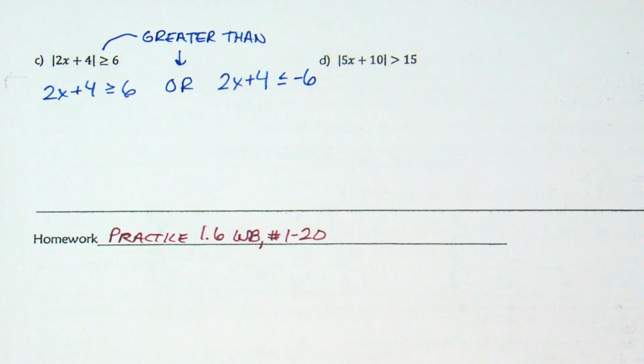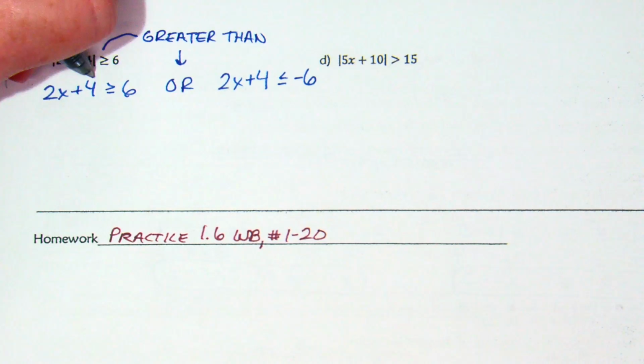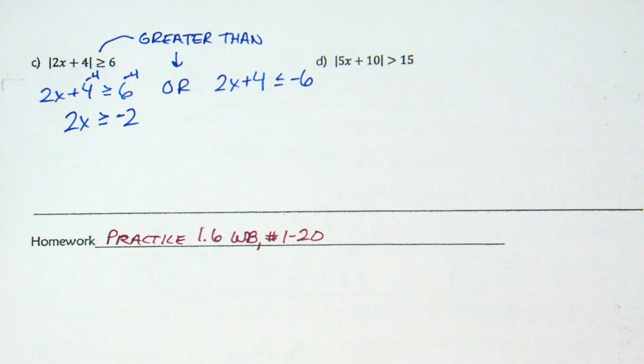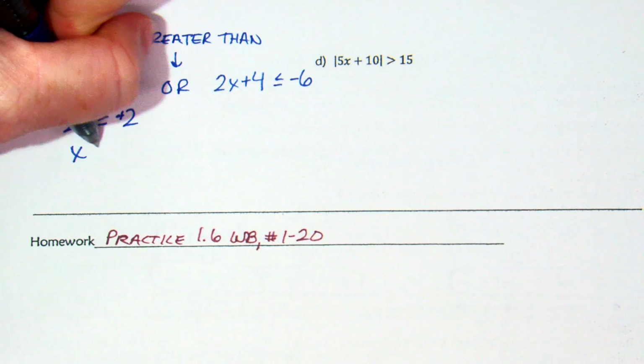And now we're going to solve. If it's 2x plus 4, you should be subtracting 4. 2x greater than or equal to 4 minus 6 is, it's not 4 minus 6 though, is it? It is 6 minus 4, which does make it positive 2. Divide by 2, and x is greater than or equal to 1.